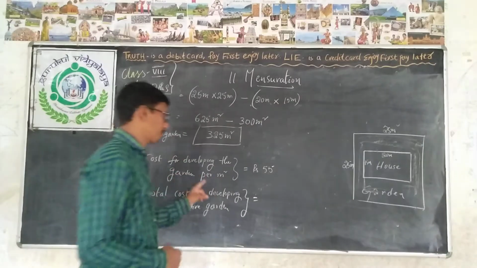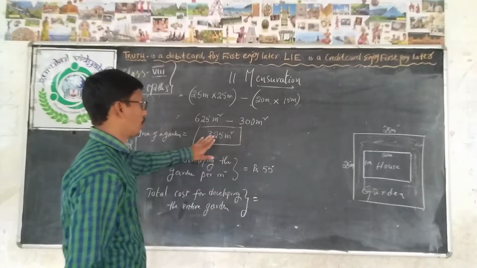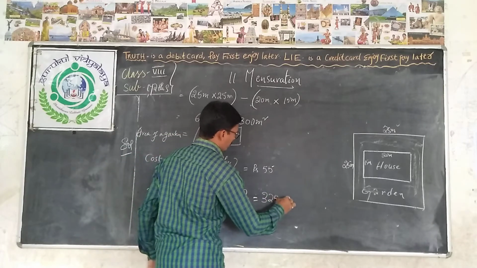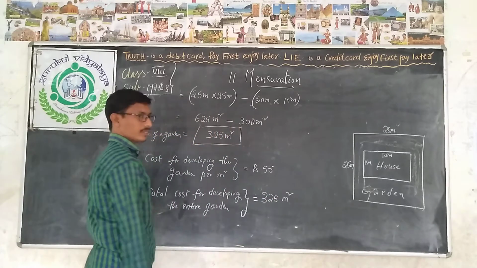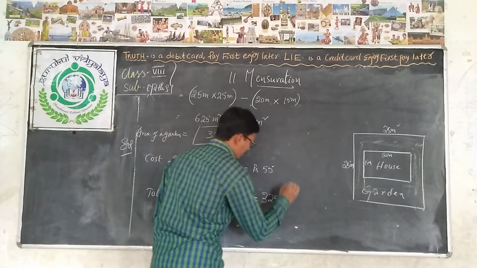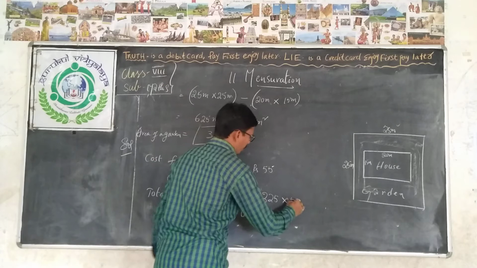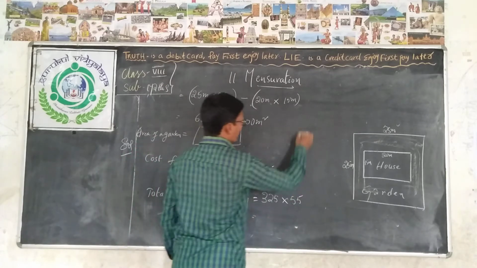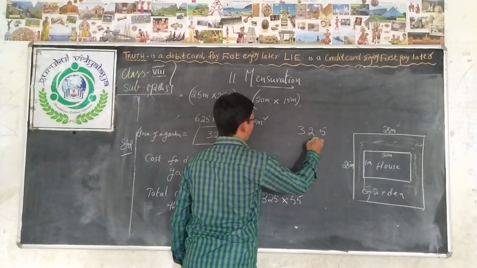What is the cost per square meter? 55 rupees. Now how many square meters are there in total? 325 square meters. So that means 325 into 55 rupees. Just multiply it: 325 into 55.